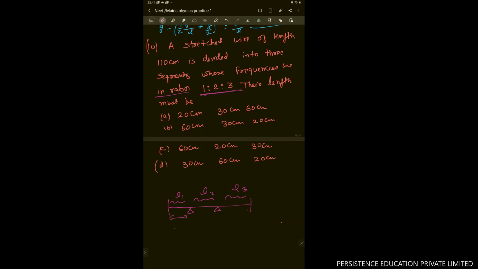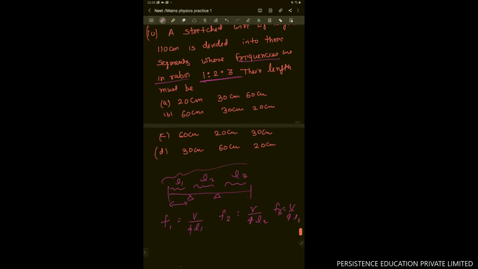So fundamental frequencies can be written as, so which frequencies? I'm assuming the fundamental frequencies, right? So their frequencies are in the ratio of 1:2:3. So frequency is V by 4L1 for first, for second V by 4L2, and for third it is V by 4L3.